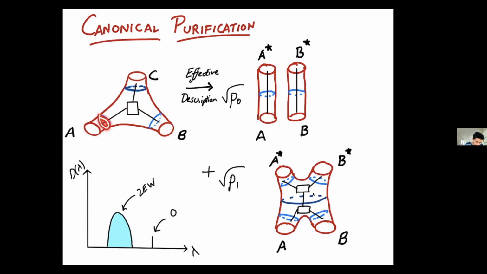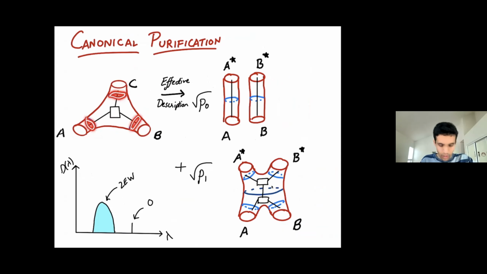And there are these horizons here, which are labeled in blue, the areas of the horizons are in one-to-one correspondence with the bond dimensions. So there's a map between the simple network and the multi-boundary wormhole. When we do the canonical purification, we effectively end up getting this following superposition.